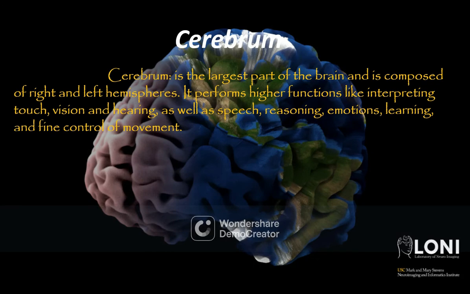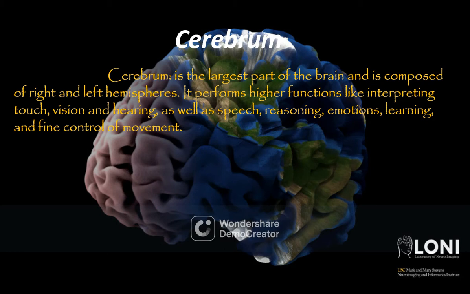The cerebrum is the largest part of the brain containing the cerebral cortex, as well as several subcortical structures including the hippocampus, basal ganglia, and the olfactory bulb. In the human brain, the cerebrum is the uppermost region of the central nervous system. The cerebrum develops prenatally from the forebrain.